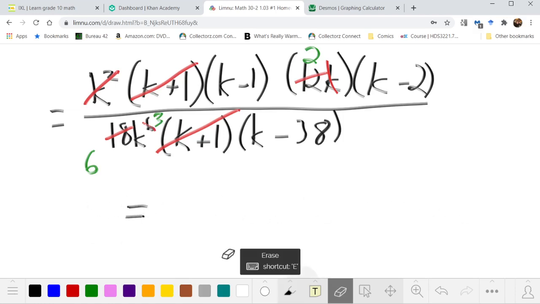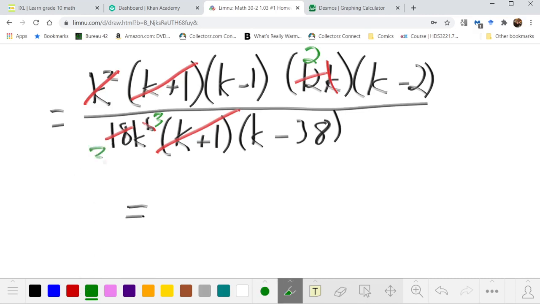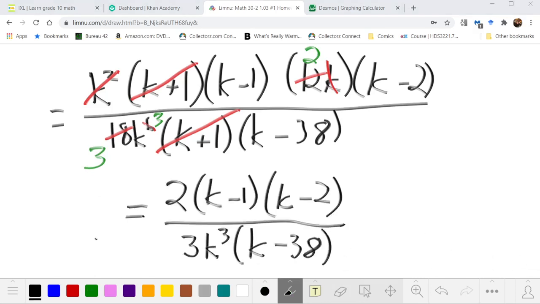And first I correct this. 6 is what we pulled out. The 3 is what we have left. Now we collect our like terms. And after these simplifications, we are left with 2k minus 1, k minus 2 over 3k cubed times k minus 38. This is the answer that we transcribe into Khan Academy.